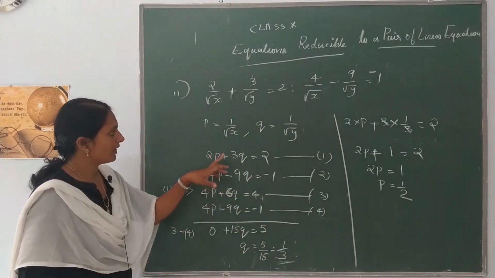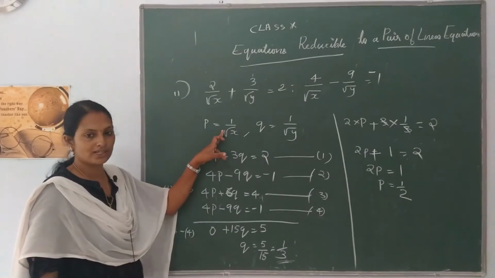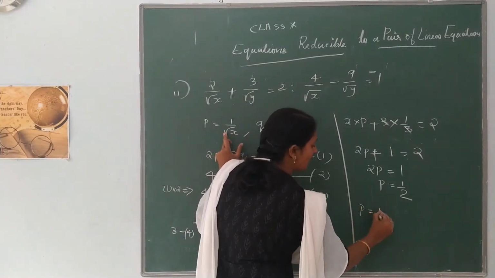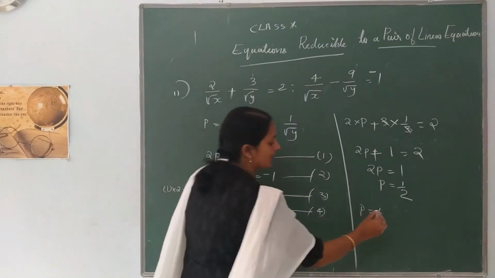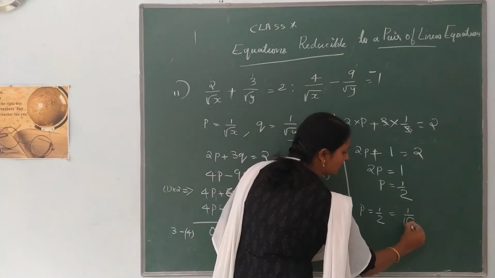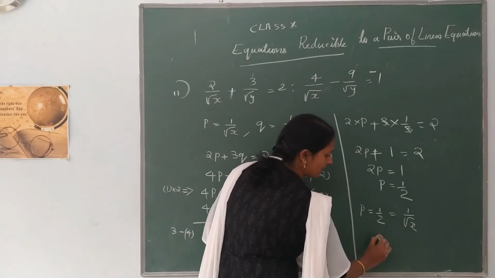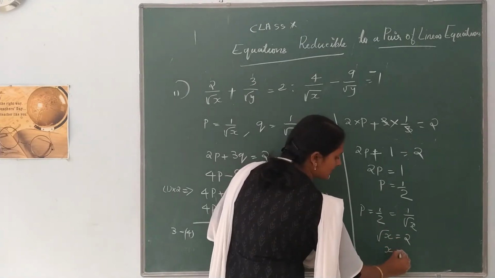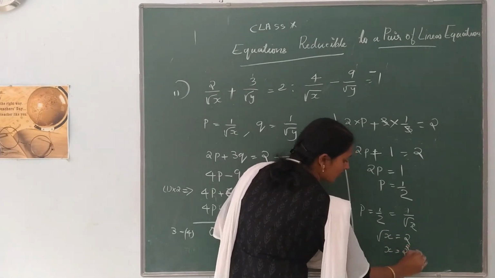Then putting the value of p, p is equal to 1 by 2, which is equal to 1 by root x. Then cross multiplying, root x is equal to 2, then x is equal to 2 square.